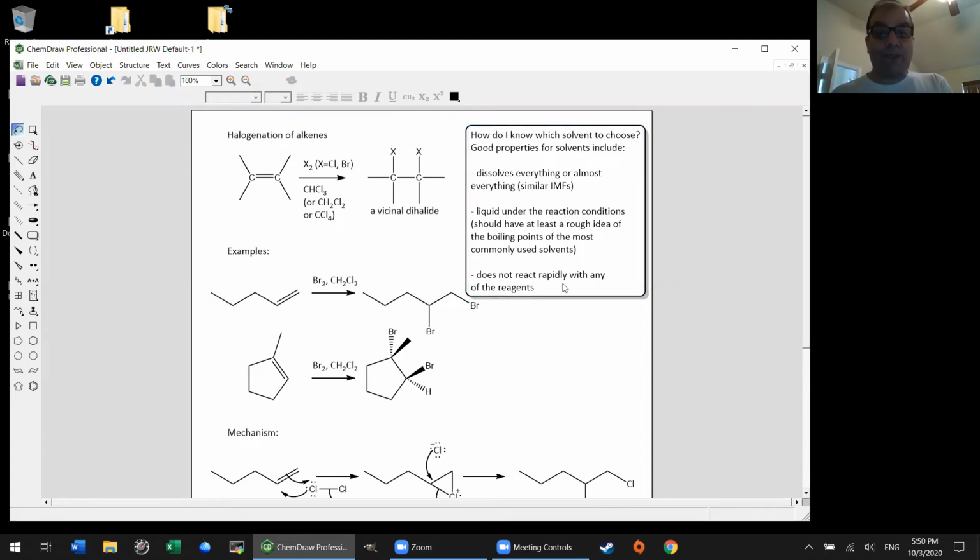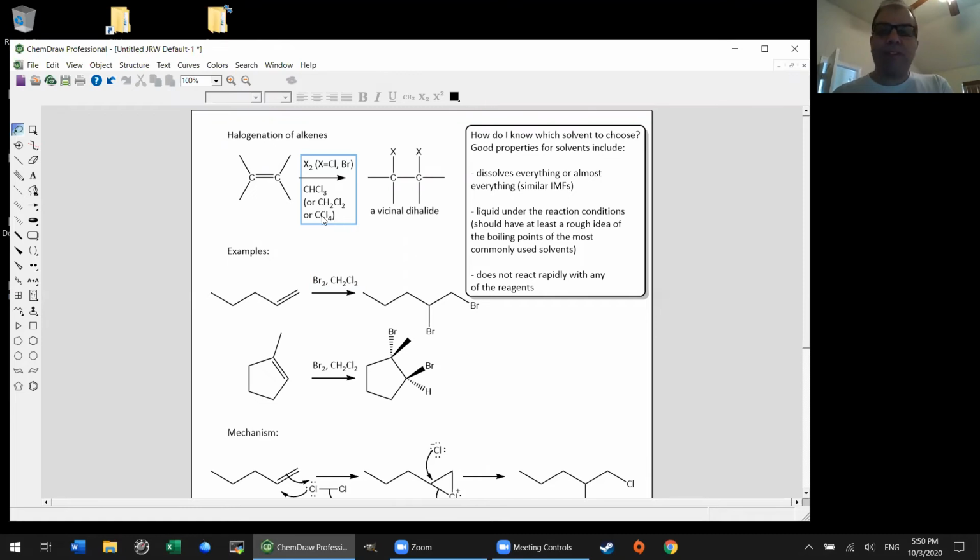Another thing that's very desirable for solvents is we don't want it to react with our reagents, at least not rapidly. And that's something you're going to have to pay attention to as we go on, is having an idea of the reactivity of these solvents. And spoiler alert for these guys, reactivity is pretty low with alkyl halides.